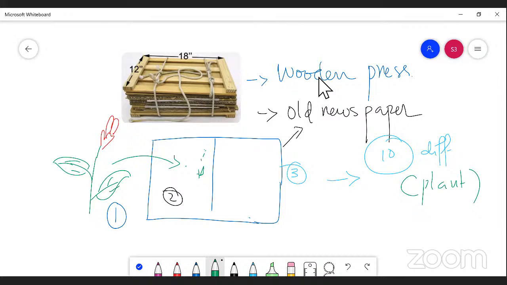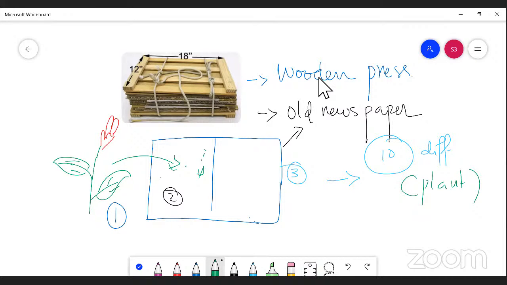Every plant material is spread out on the old newspaper, and on the other side you cover it with newspaper. Like that, you collect new plant material, spread it out on the newspaper and cover it.